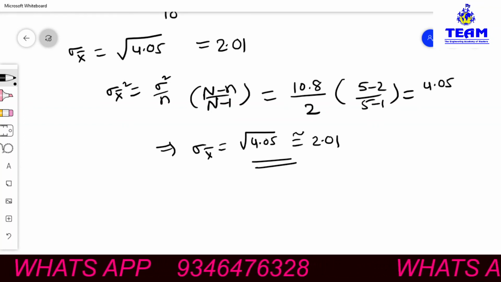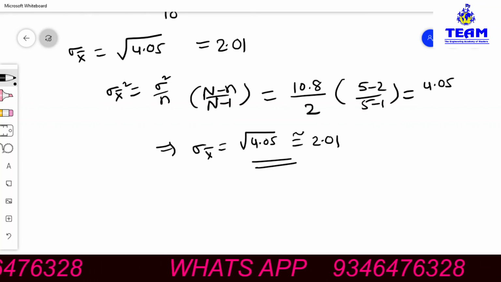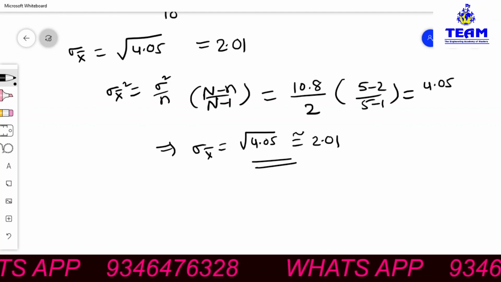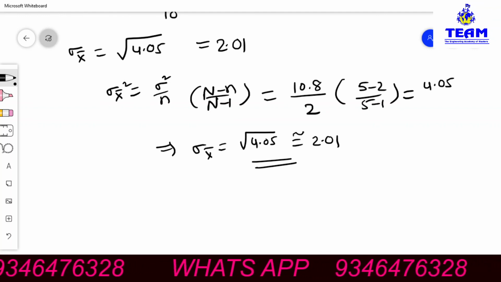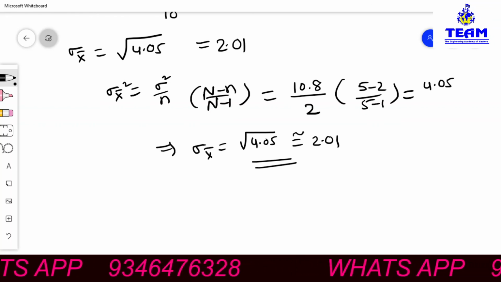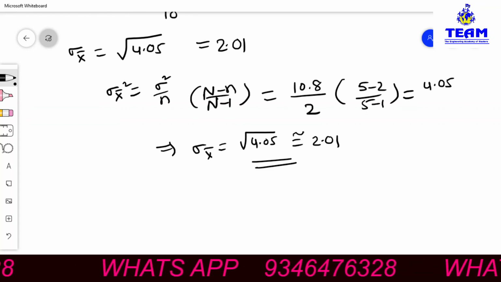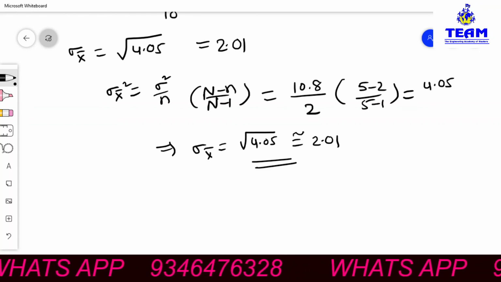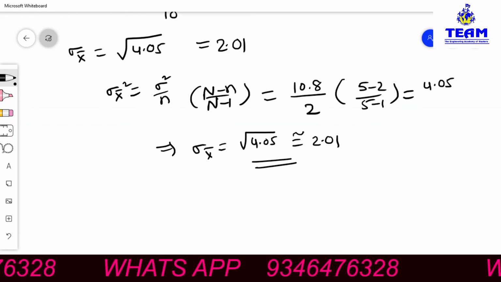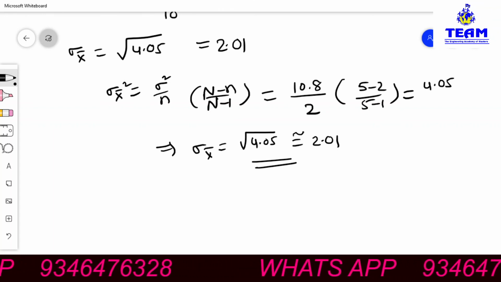Actually here (N minus n) by (N minus 1) is called the correction factor, you already know. Now I am verifying with this correction factor: sigma x bar square equals sigma square by n times (N minus n) by (N minus 1), where sigma square is the variance.